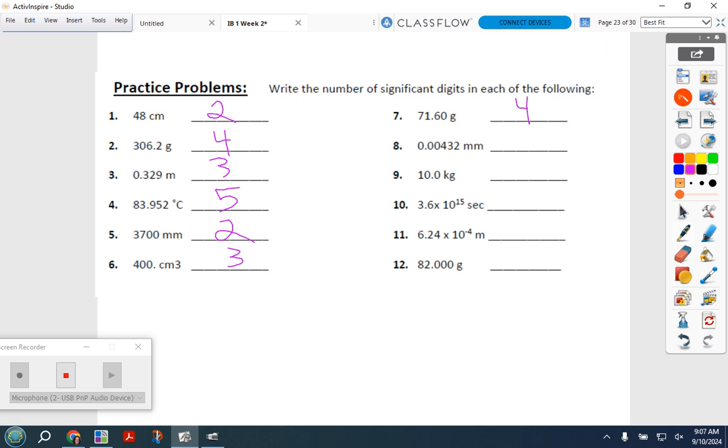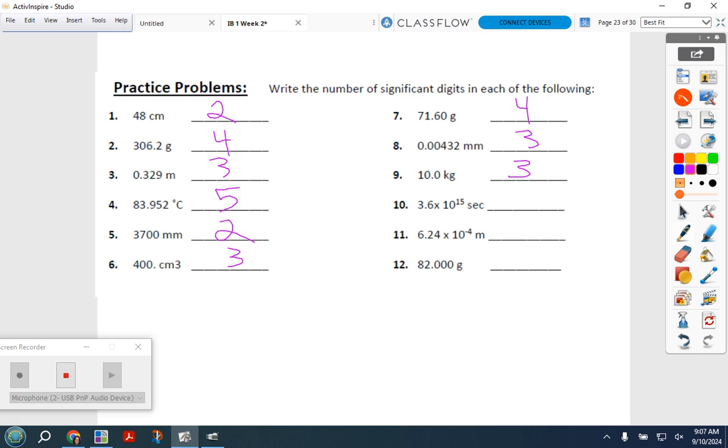Alyssa, how about number 8? 3, because these are all leading zeros before the first non-zero number. Those are never significant. Question? No? Okay. All right. Emmanuel, how about number 9? 3, good. Alexander, how about number 10?